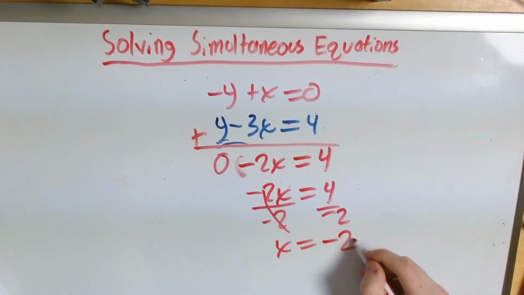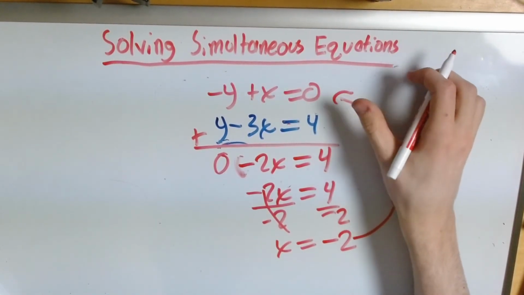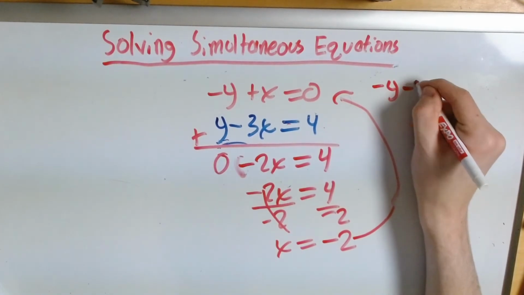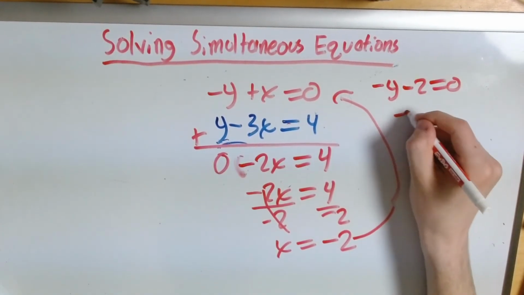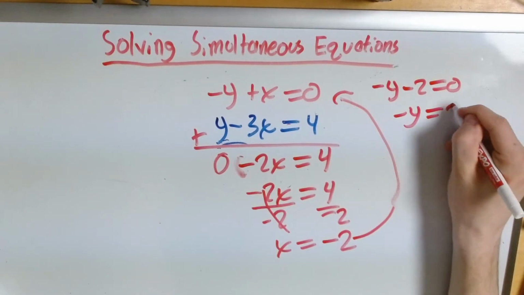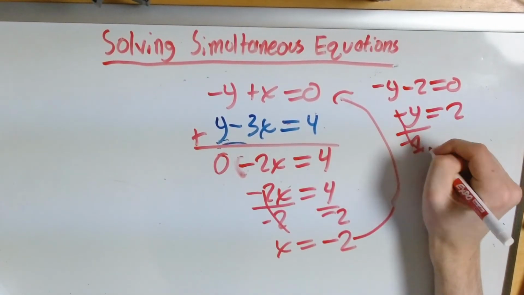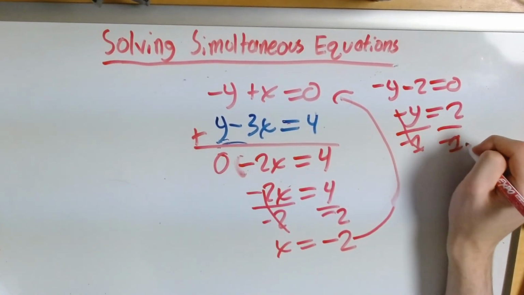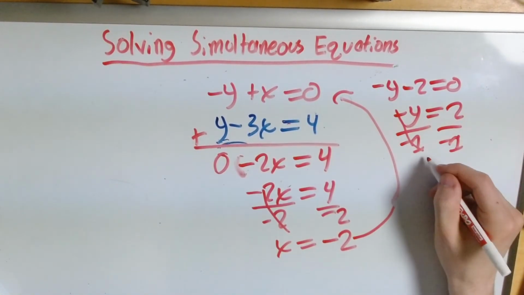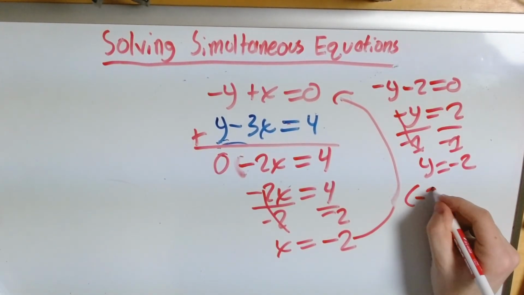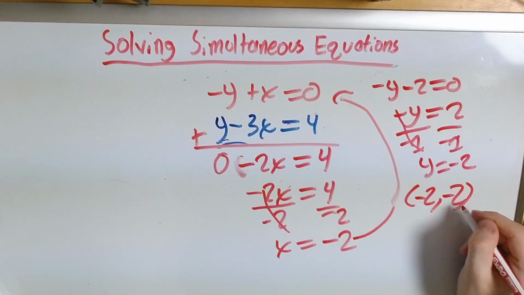Once again, I substitute it back into the original equation. So I have negative y minus 2 equals 0. Negative y equals 2. And we want to get y by itself. Divide by negative 1 to get rid of that negative sign. And I get y equals negative 2. So my final solution, my point of intersection, is negative 2, negative 2.